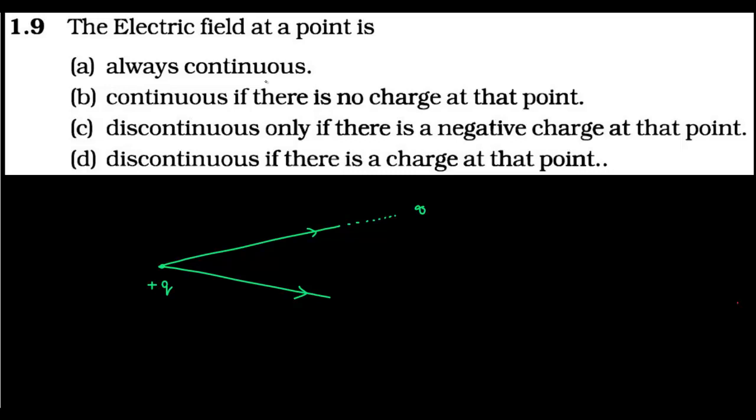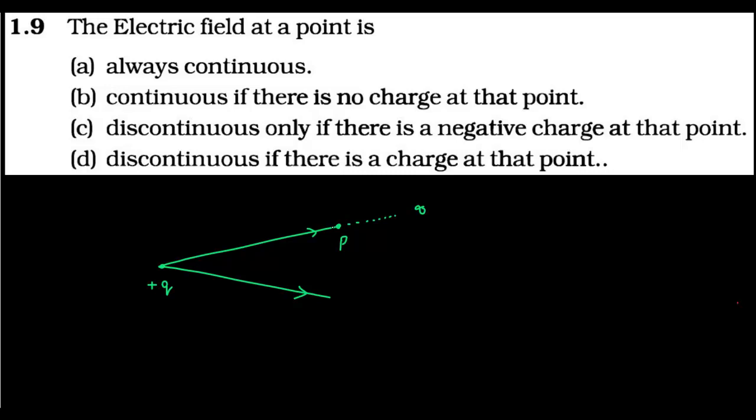If we consider this point P and the field lines are continuous, they move further through this point P; the field lines cannot sink at this point P.